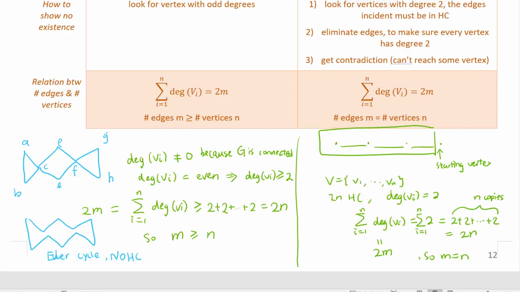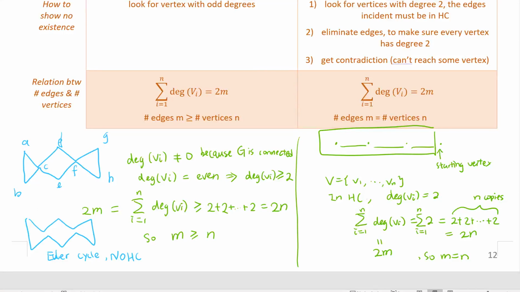Look at the vertices with degree 2. So actually, A, E, G, H. Sorry, this is D. E, B, all of these vertices have degree 2, which means we need to keep all the edges. But then the degrees of C and F are going to be 4. So that's why there is no Hamiltonian cycle.